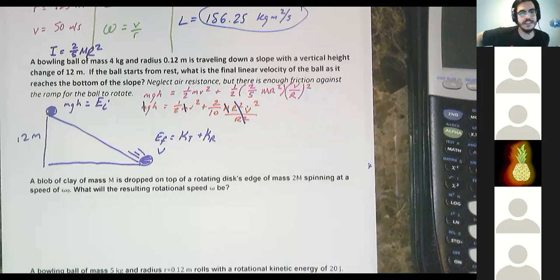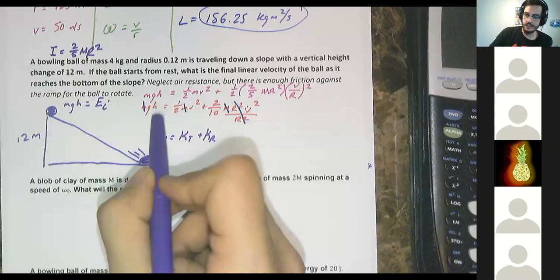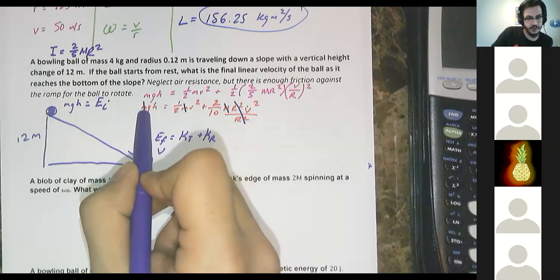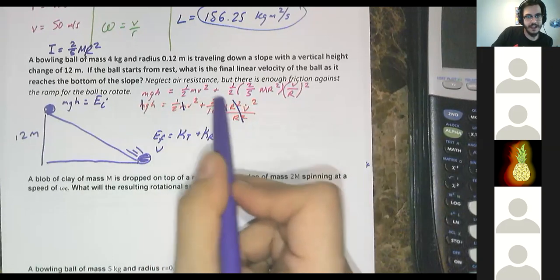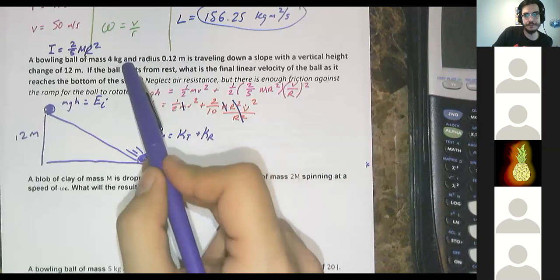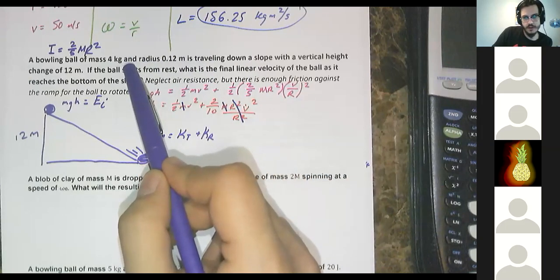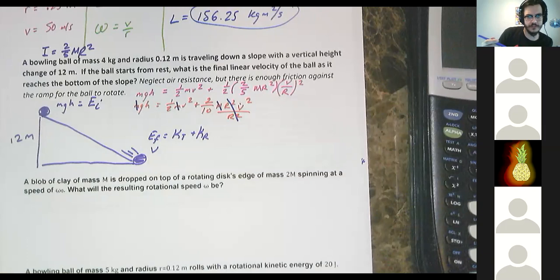The only thing that would affect your speed at the bottom of a ramp if you're rolling is the height, gravity, and the fraction that accompanied your shape. So a ping pong ball versus a solid sphere would be a difference.